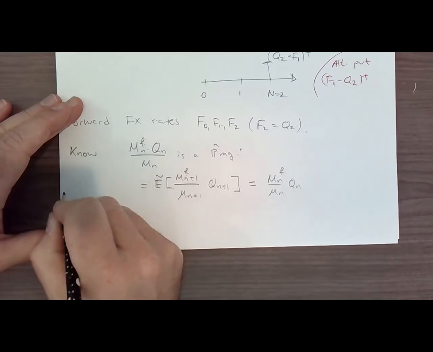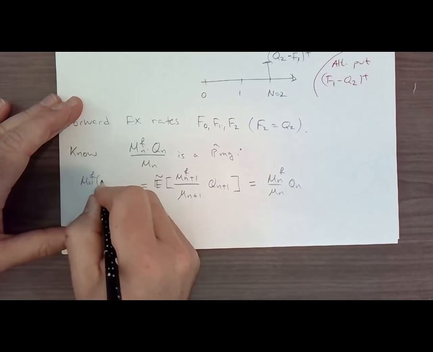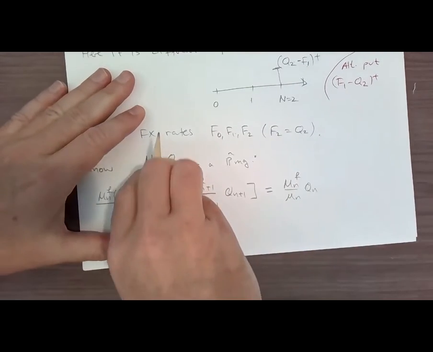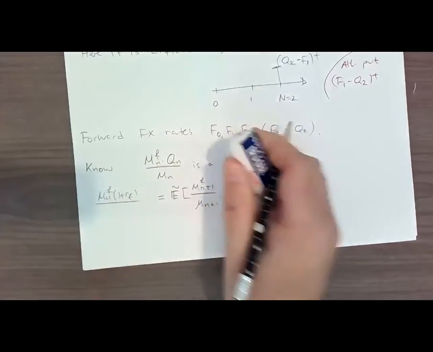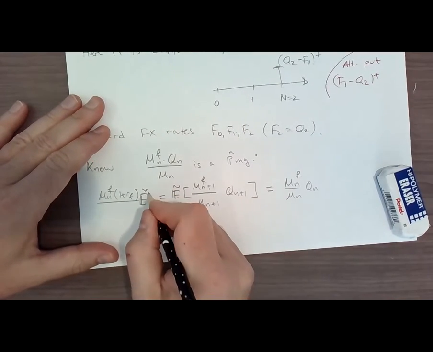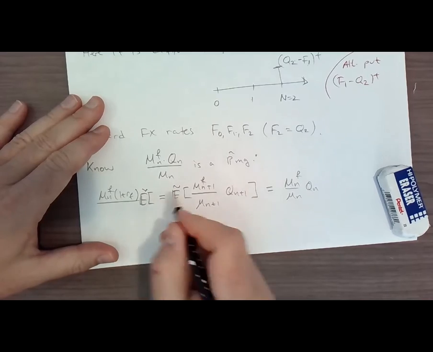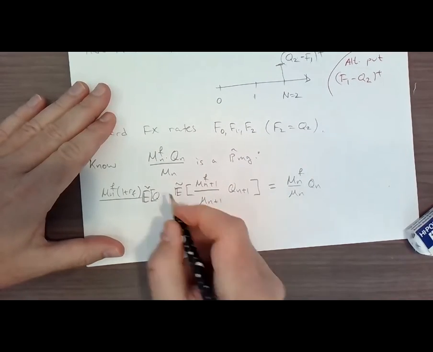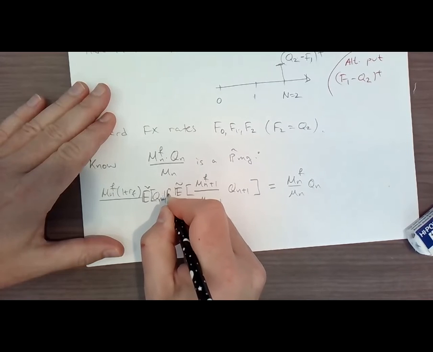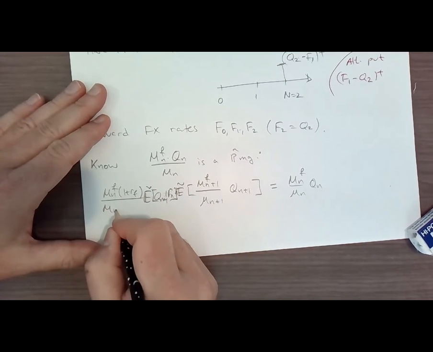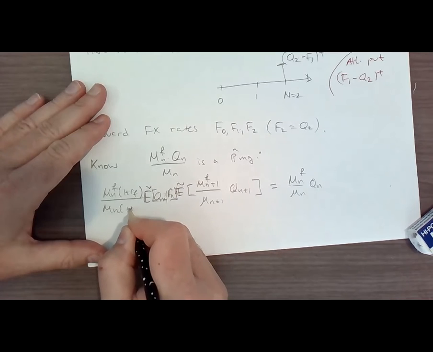And we can write this as M^f_n times 1 plus R^f, divided by M_n times 1 plus R, and I'll pull this quantity outside, and I'll get the conditional expectation of Q_{n+1} given F_n.